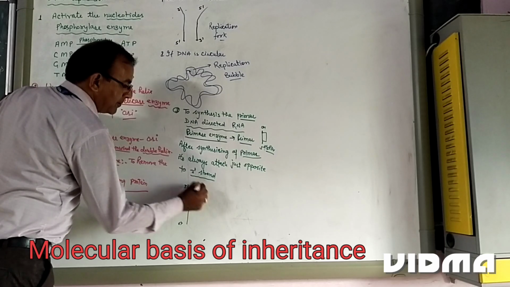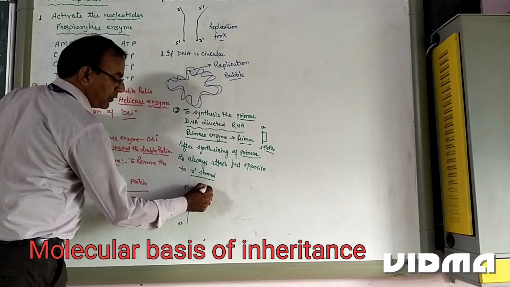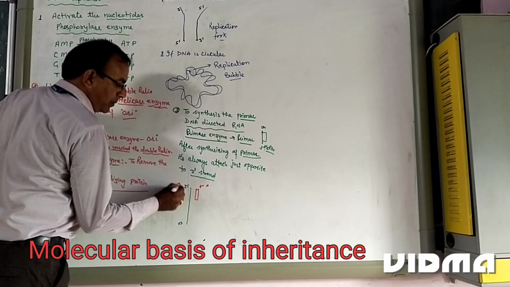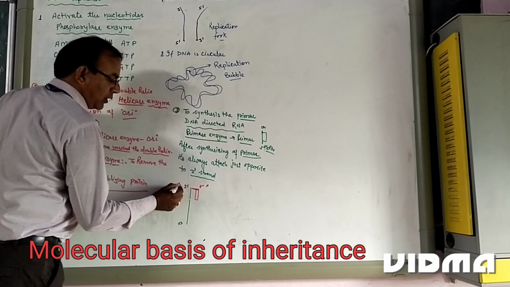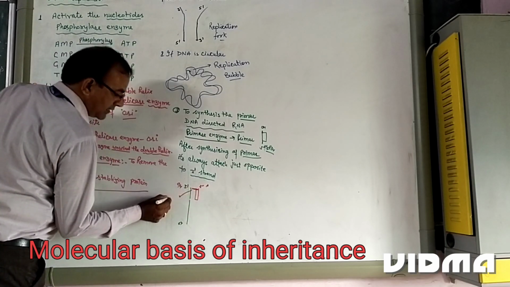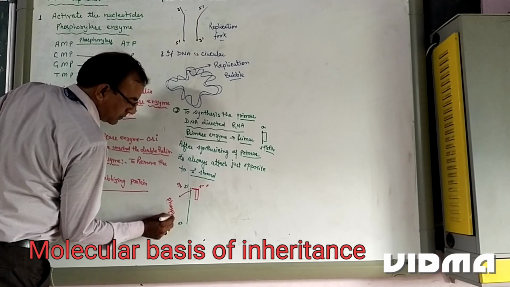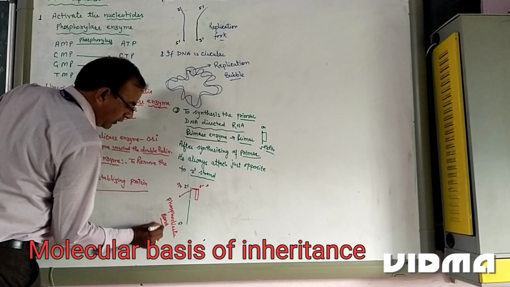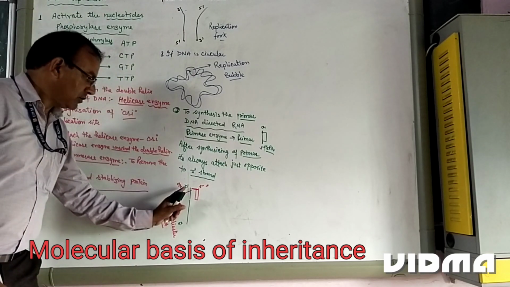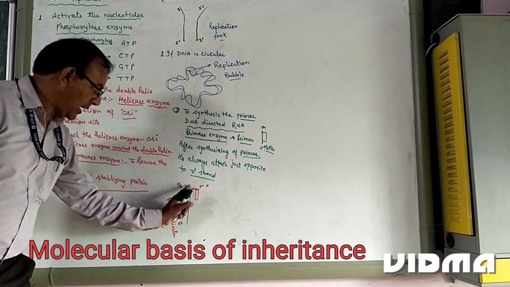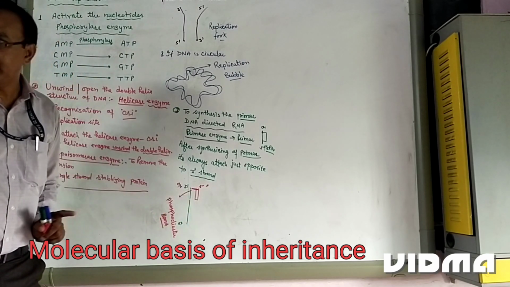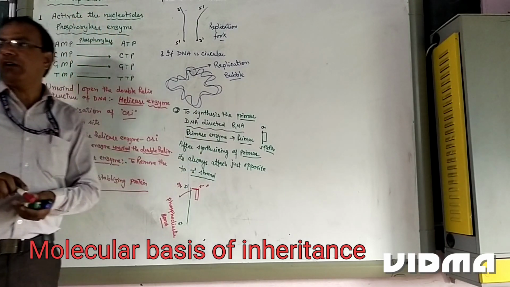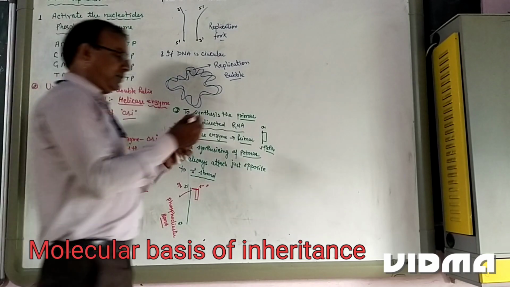This one is the 5'. 5' means phosphoric acid, and the phosphoric acid will attach to the 3' which contains the OH group. The phosphoric acid attached to the OH forms the phosphodiester bond. So we always attach primer just opposite to the 3' strand or 3' polarity. After attachment, the synthesis or replication of DNA process starts.